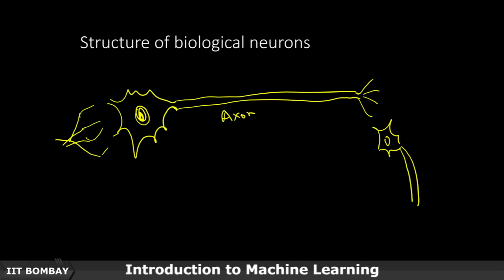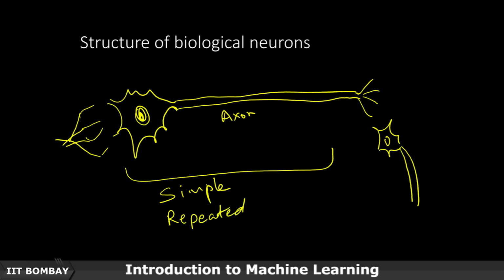What we can see is that each cell by itself is simple. It has a simple structure, and the same simple structure is repeated, but it can do complex tasks when several billions of these cells are put together in a certain structure.